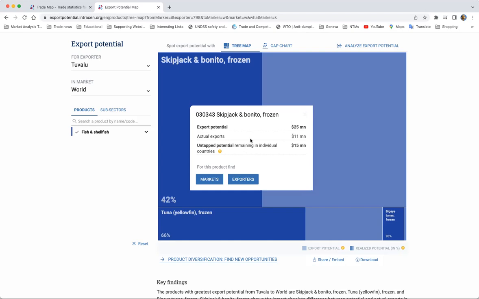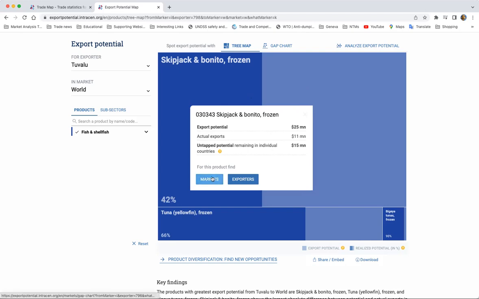The whole right-hand side, the lighter blue, is all untapped potential. So you see the dimensions between the two. There's more than half that is still untapped according to our estimations.